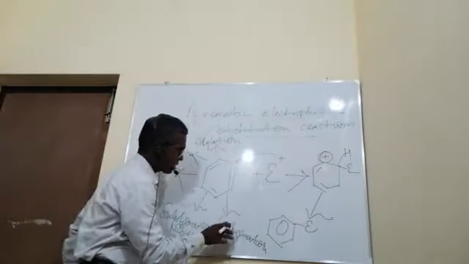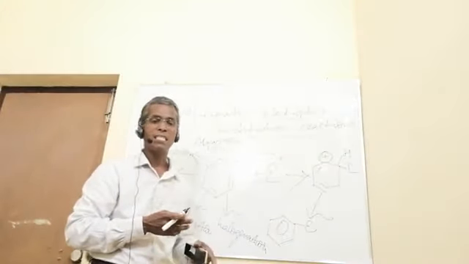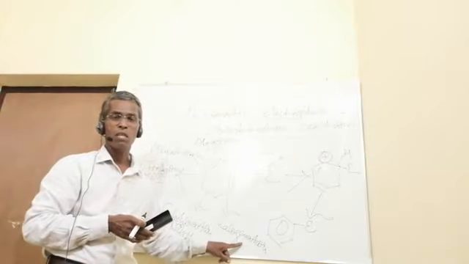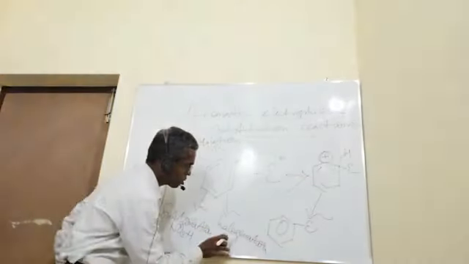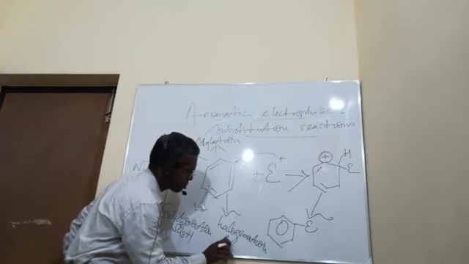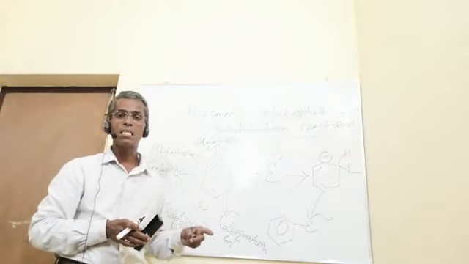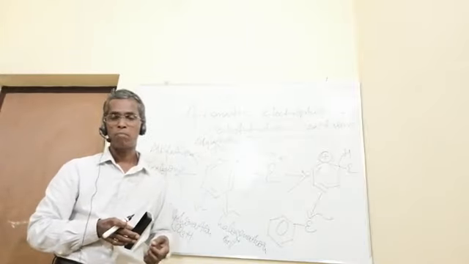If you use chlorine, bromine, etc., that is halogen in general, in this electrophilic substitution reaction, say for example, let us assume you are using Br plus, the product we get is brominated benzene, that is bromobenzene.